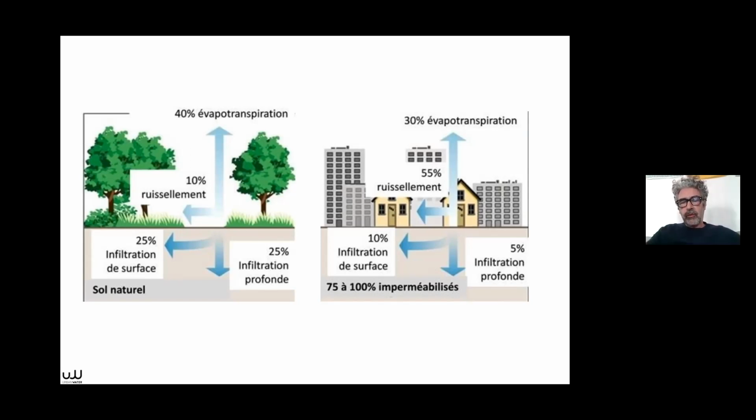And then out of the 400 cubic meters, 200 cubic meters will remain on the surface, and a large percentage will be evapotranspirated. Only 10% will run off. So we're talking about 40 cubic meters of runoff water that will go down over 10 hours or so.